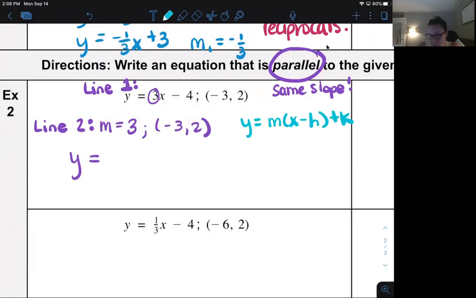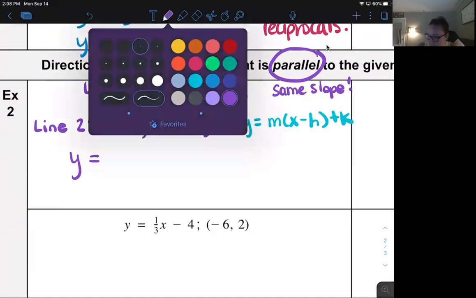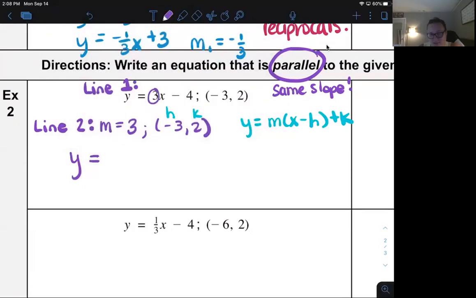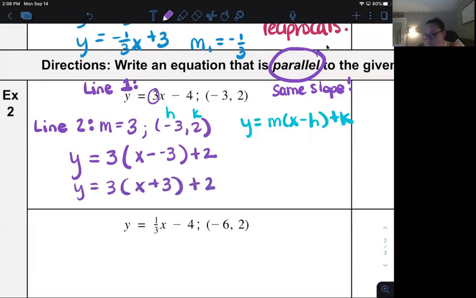So negative 3 would be our h, 2 would be our k. So we have y is equal to our m, 3, times x minus h, which is minus a negative 3, and then plus k, which is 2. So y is equal to 3 times x plus 3 plus 2.